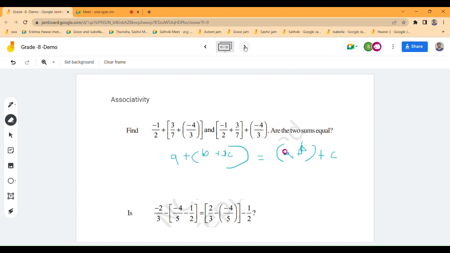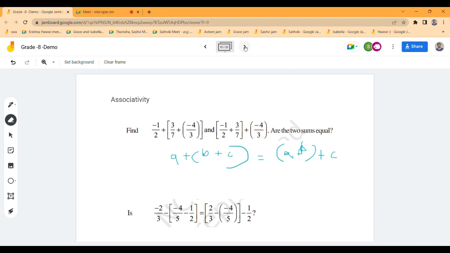So the first example which is given, are these two sums equal? Yes, it will be equal. What about the subtraction? No, ma'am, we'll not get the same answer.